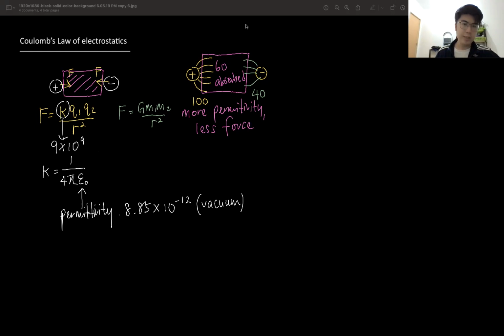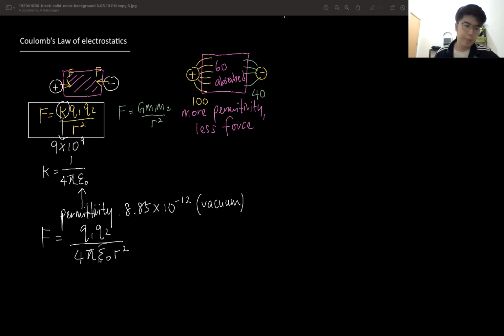Now look at this equation. Of course, you have to remember this. What is the unit for the permittivity? Put in here, we get F equals Q1 Q2 over 4 pi epsilon R square.